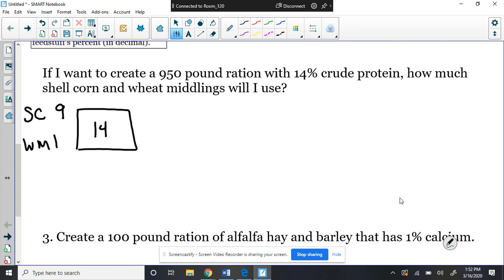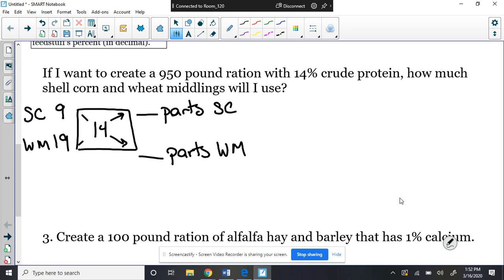Wheat middlings was 19%. Okay, I go in, I'm putting in my arrows. Okay, then I'm going to move my labels over. So I'm going to have parts shell corn. I'm going to have parts wheat middlings. Then I'm going to do my subtraction.